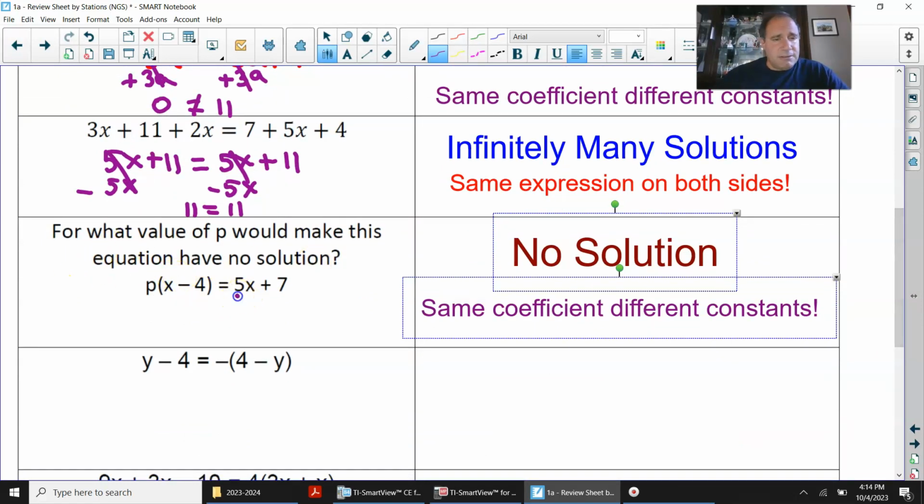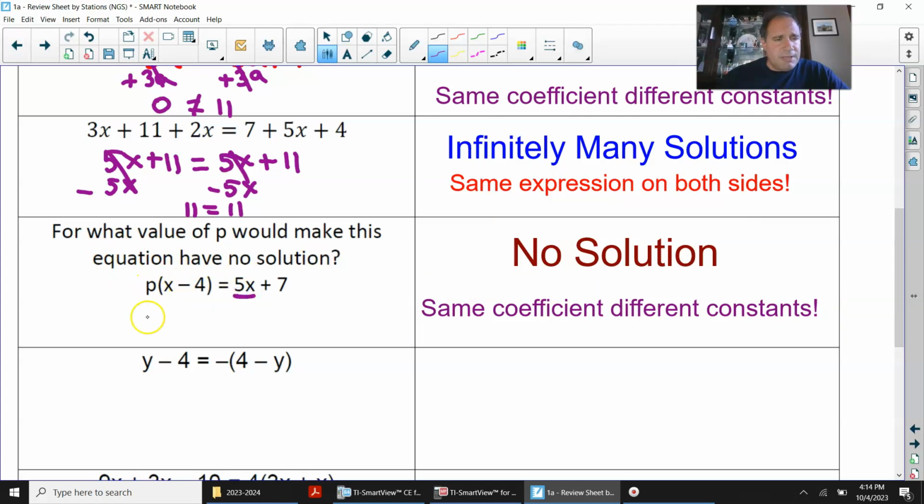So that means I have to have something in for p. I have to substitute some number in for p that would equal 5x. So if I put 2 here, 2 times x is 2x. That's not 5x. It has to be 5x. So obviously, what times x equals 5x? 5.